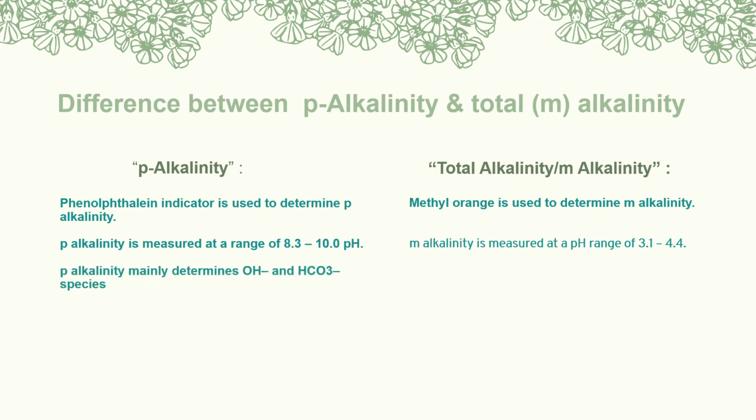P alkalinity mainly determines OH and CO3 species, and M alkalinity determines hydroxyl, carbonates and bicarbonate species.